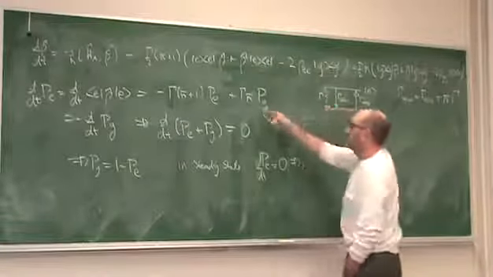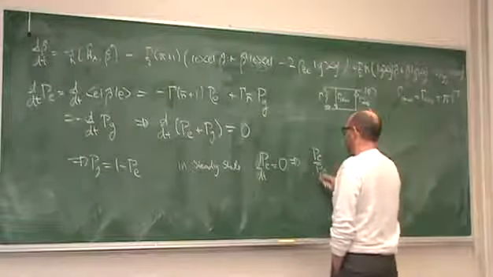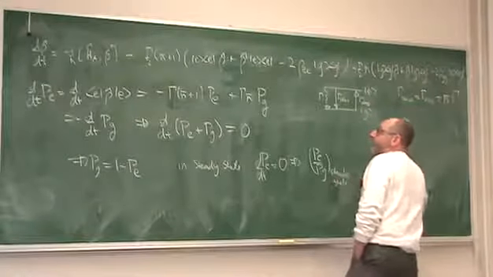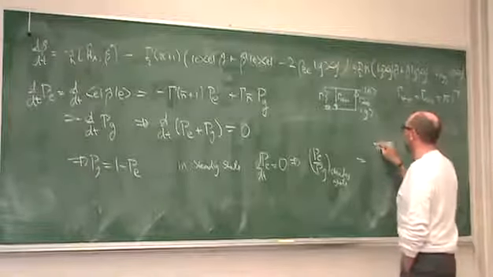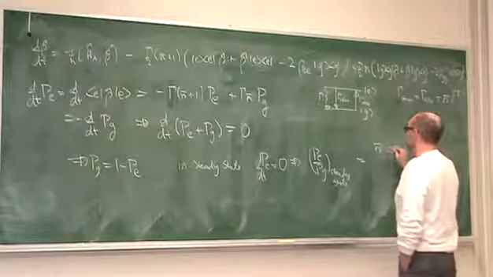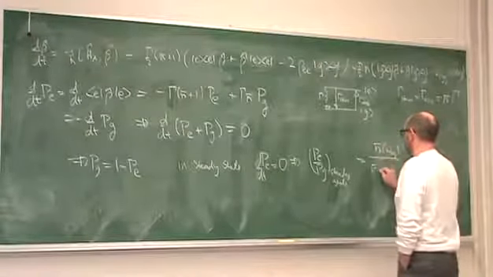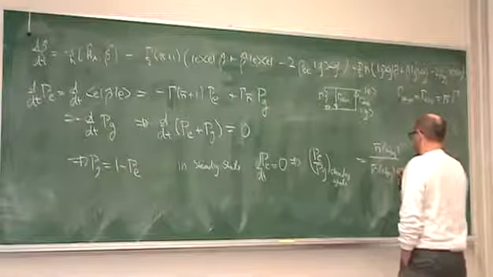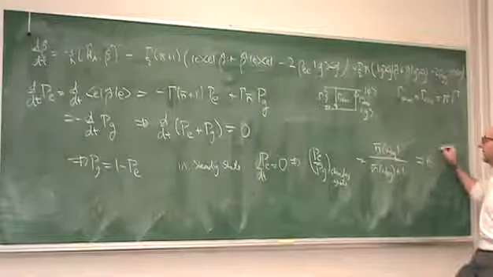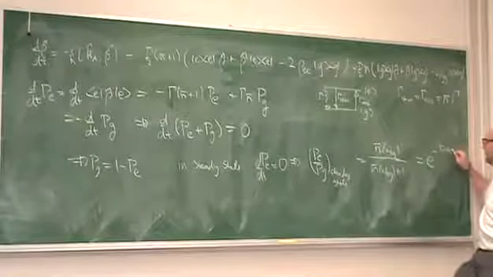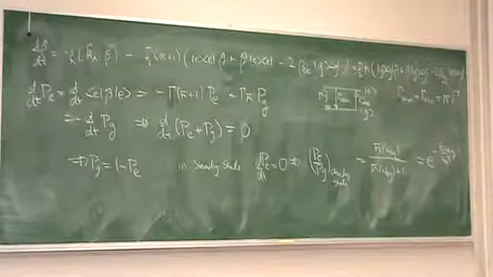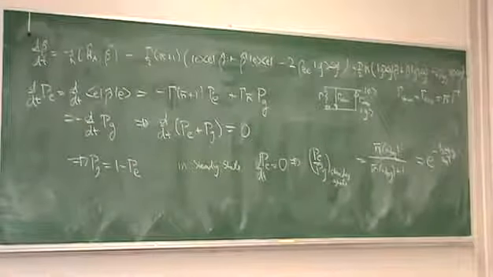And in steady state, we have that the ratio of the population in the excited state to the ground state is equal to the mean number of photons in the thermal bath at that frequency divided by that plus 1, which is equal to e to the minus h bar omega of the atom over the temperature of the bath, which is what we expect. This is the Boltzmann factor.